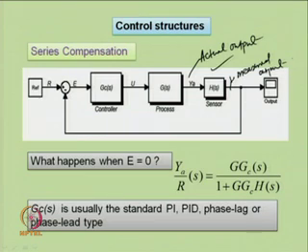So, we have to keep in mind there is a sensor in between the measured output and the actual output. This type of series compensation is found to be used extensively in process industries, particularly for set point tracking.